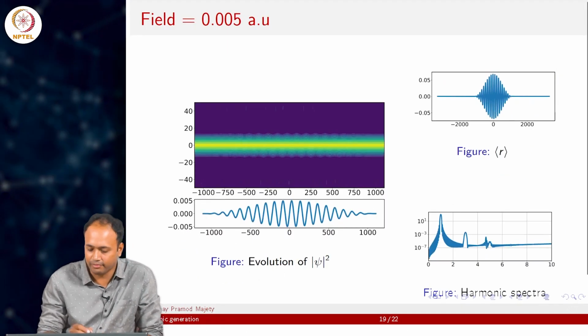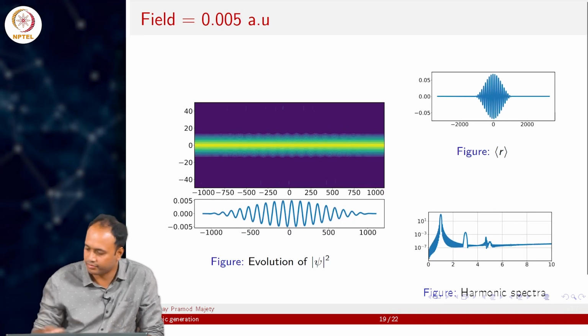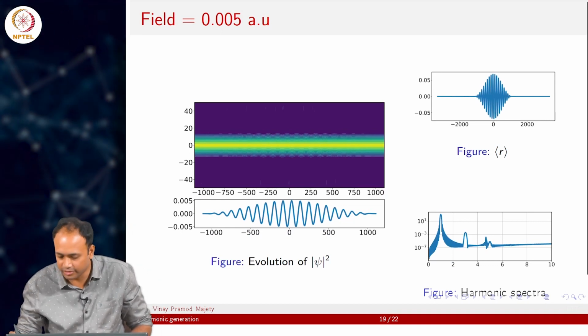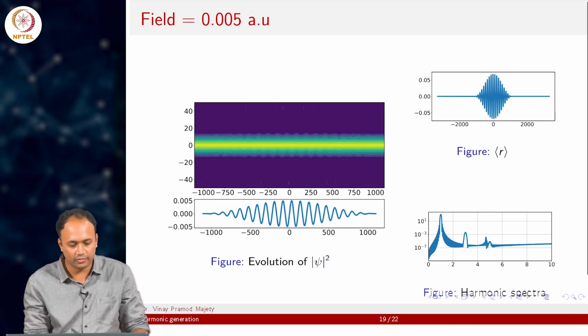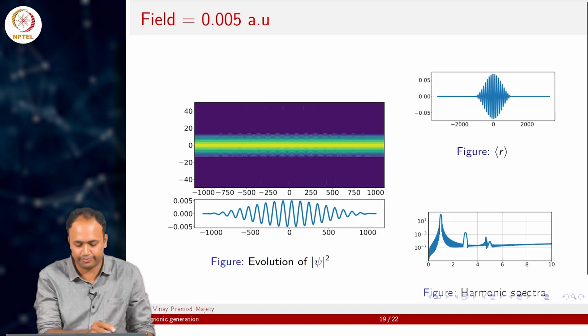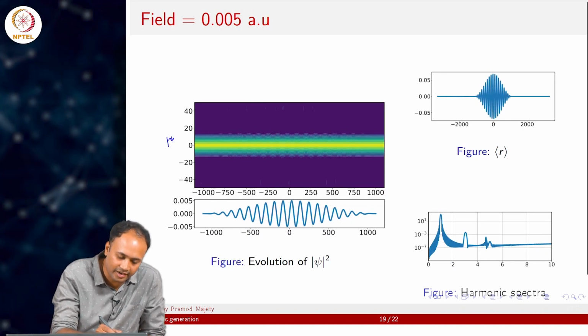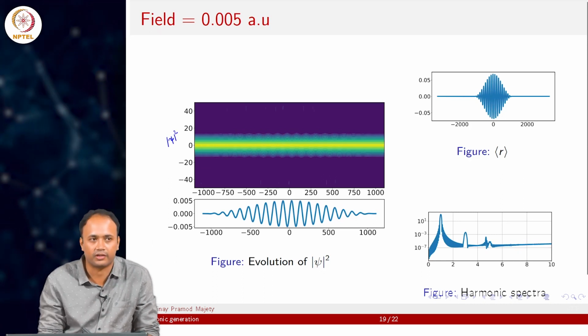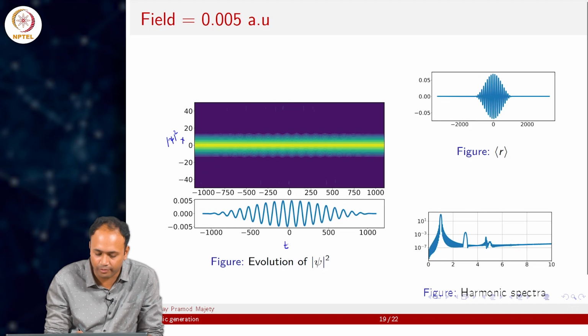Now I have some results for a few low fields here, small. So this is an example for field is 0.005. Okay. Let me explain this. On the left hand side what is plotted is the density of the wave function. This is my x coordinate and this is my time coordinate.